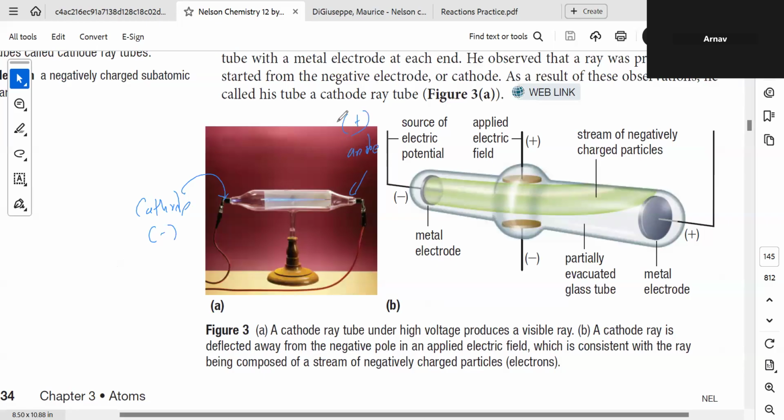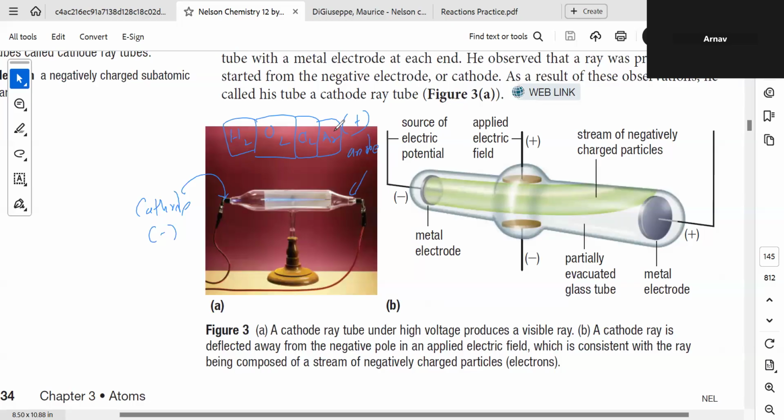Now, what did I tell you? That we had hydrogen, and as the pressure started reducing, he saw the ray. Then he decided that maybe it's a hydrogen property, so let me try another gas and see what happens. When he took another gas, he saw the same phenomenon. Whichever gas he took, the cathode ray was emerging.